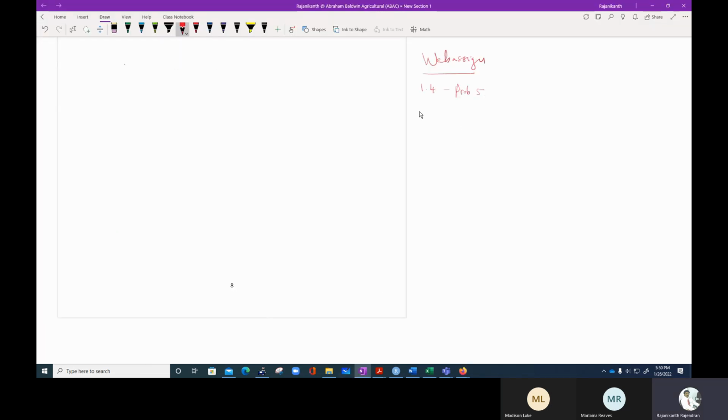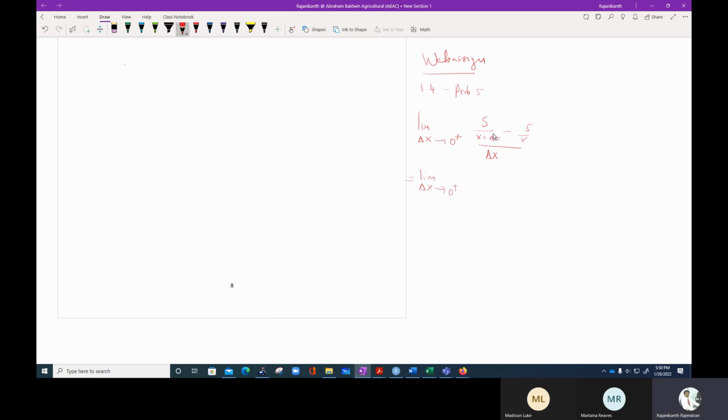The question is finding the limit as delta x goes to 0 from the right of 5 over x plus delta x minus 5 over x, all over delta x. Now you need to use some algebra and simplify the numerator part.